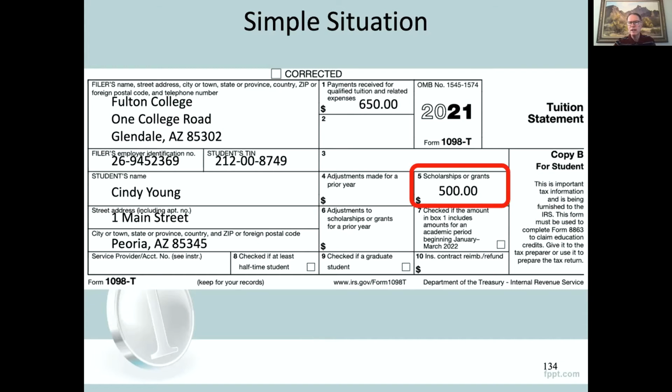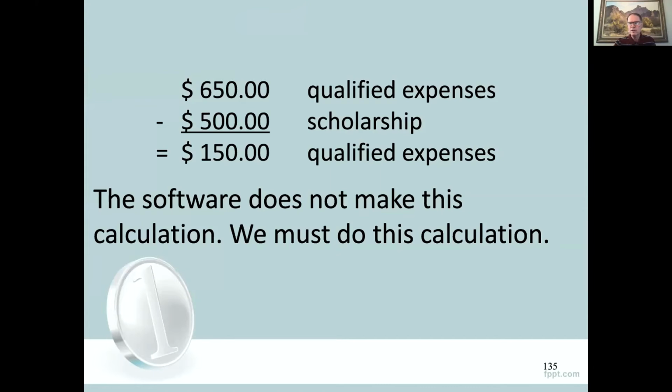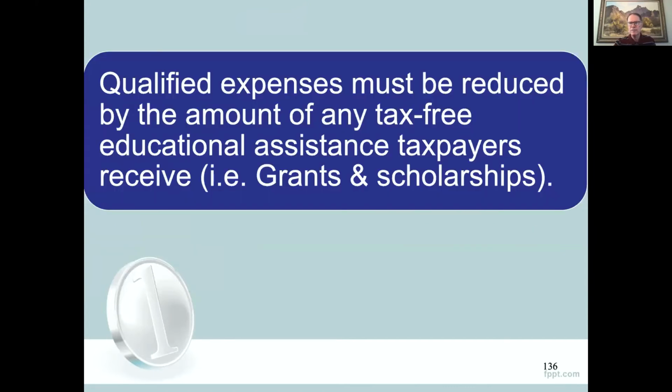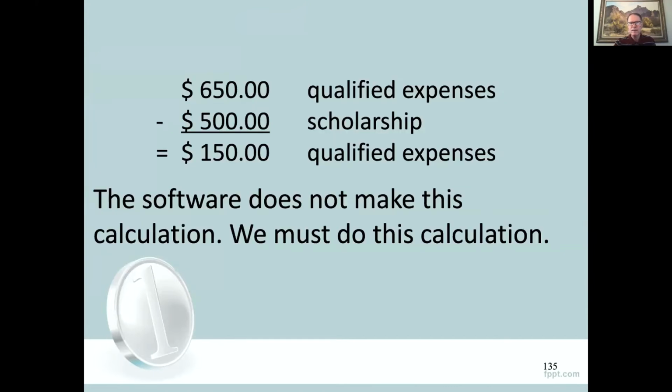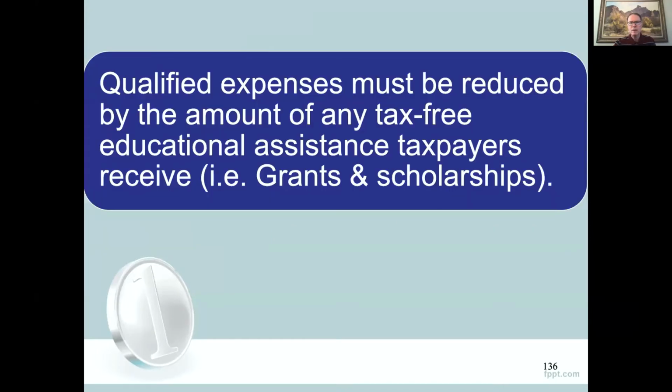We have to get out our calculators on our phones, take pencil and paper, and come up with $150 of qualified expenses. The software at this point does not do that calculation. I really don't like doing calculations. I really like the software to do it for me because I make mistakes. Qualified expenses must be reduced by the amount of any tax-free educational assistance.